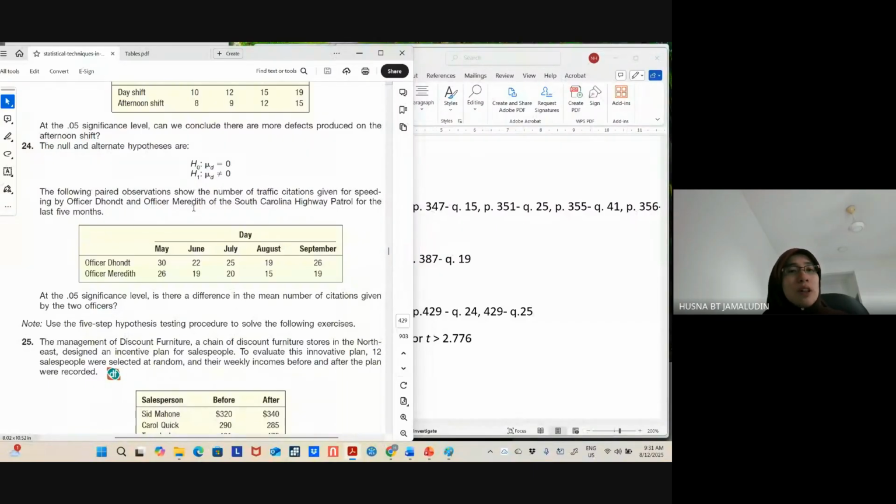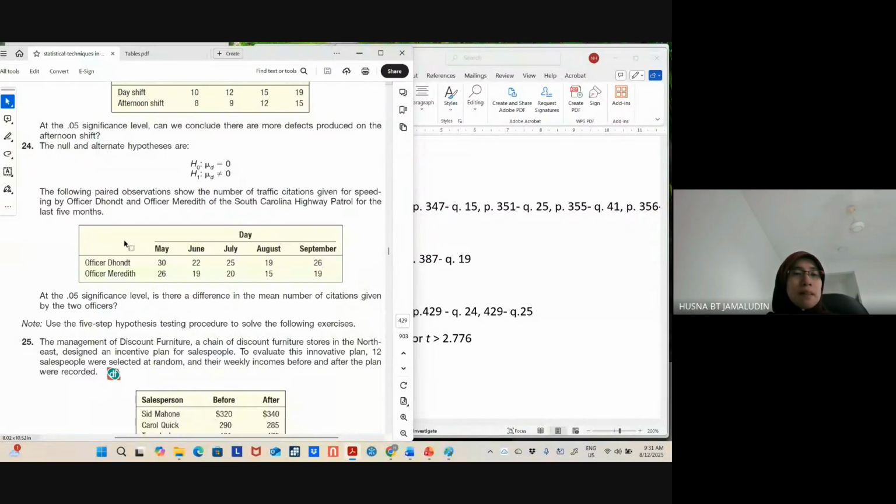Okay, so let's assume that at the moment you have two clues, right? Let's keep reading. There are many points telling you that this is dependent. So these are Officer Don and Officer Meredith, giving speeding citations or speeding tickets. By looking at this yellow table, it tells you that we are not talking about independent samples.